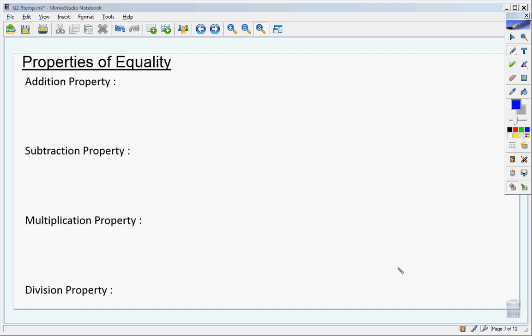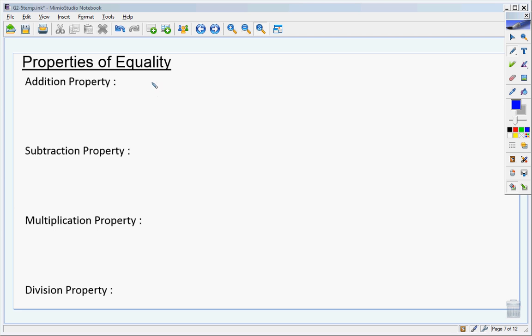So we need to go back and talk about the properties that we use for equality. The addition property of equality, in words, would say whatever you add to one side of an equal sign, you have to add to the other side.